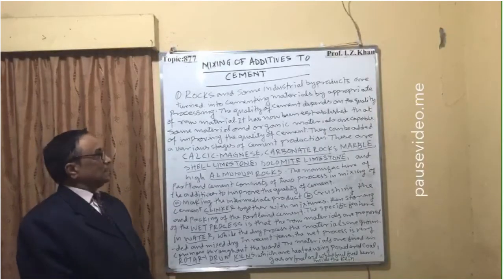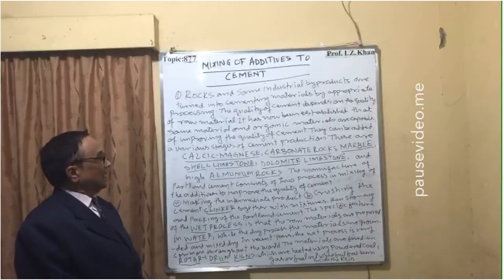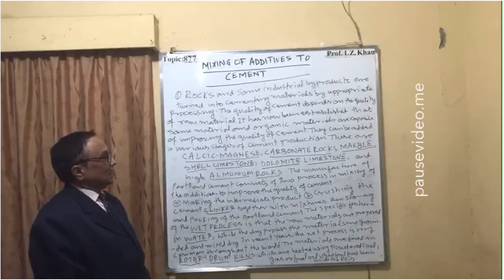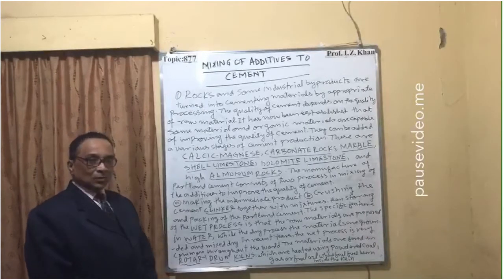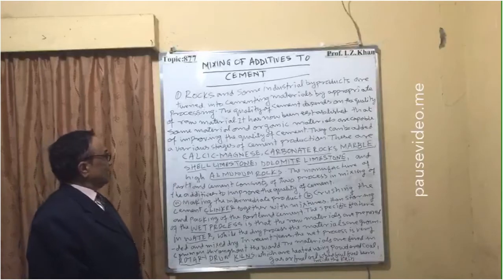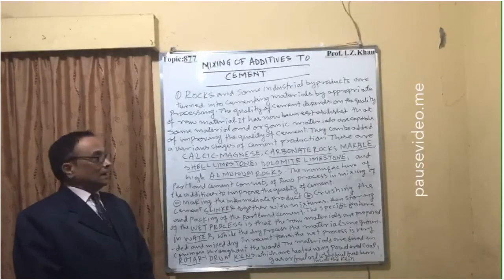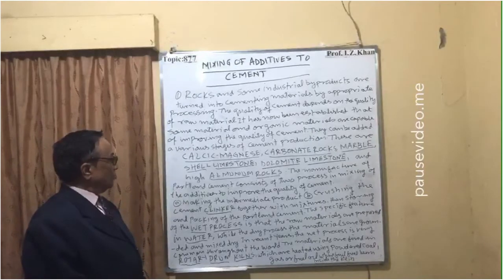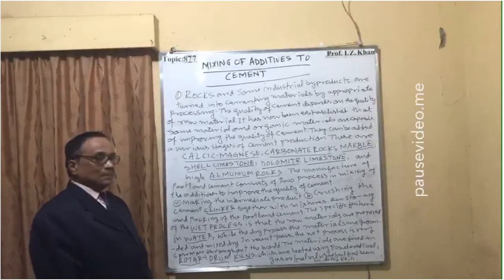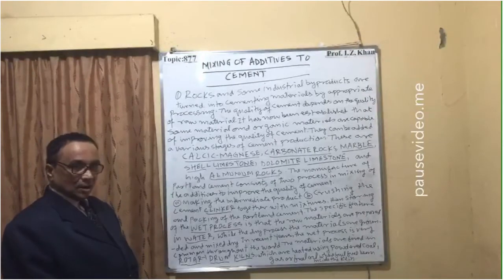It has now been established that some materials and organic materials are capable of improving the quality of cement. They can be added at various stages of cement production, and these are, number one, calcium-magnesium, next carbonate rock.